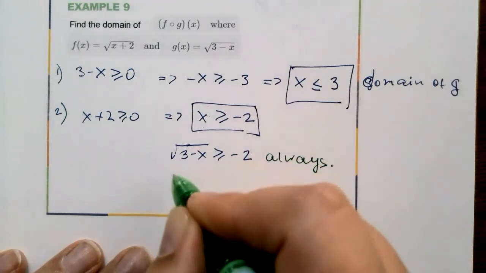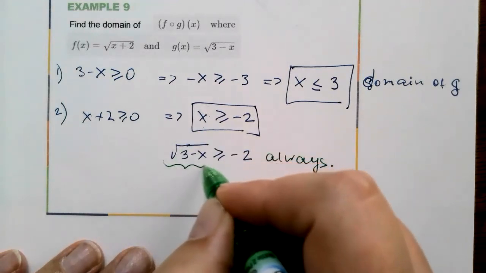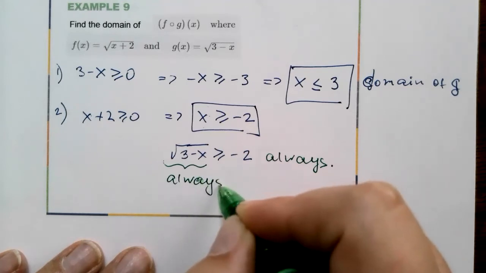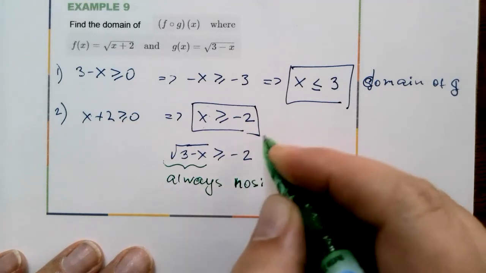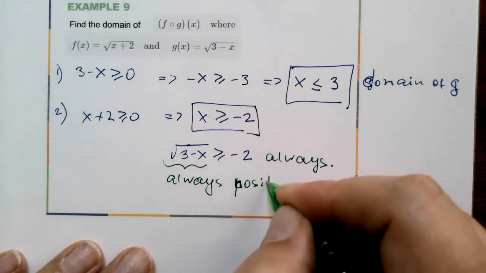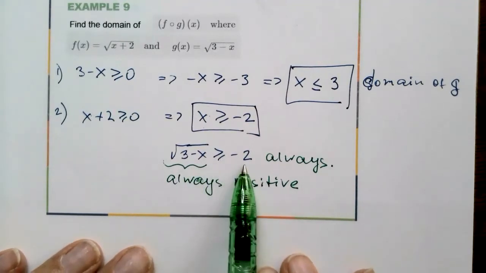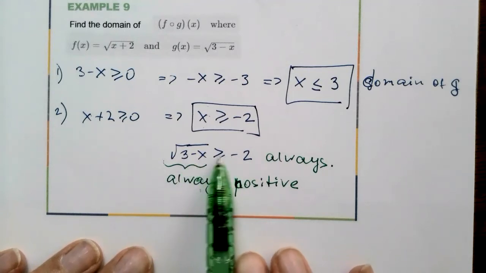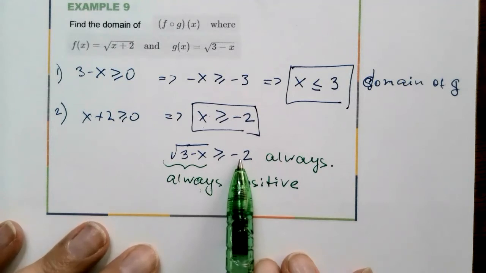because the square root is always non-negative. So it's always greater than -2. So there are actually no x values that would render a value less than -2.